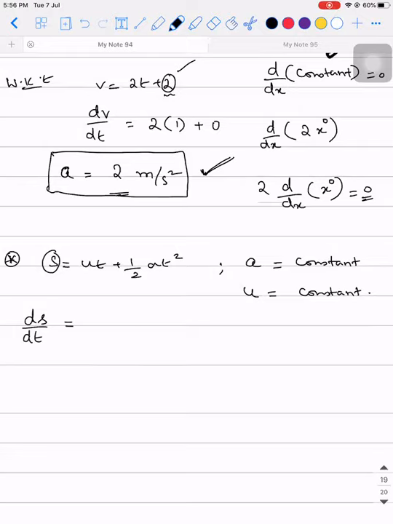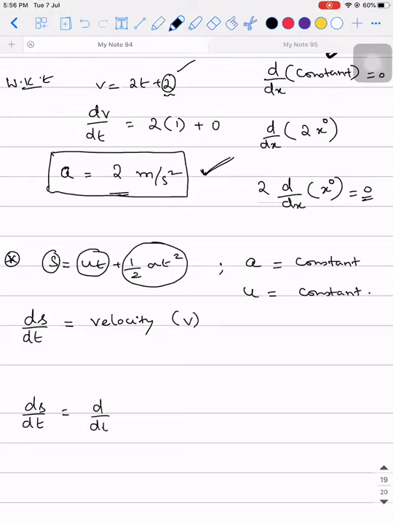I asked a very basic question. It is nothing but velocity. So I should get V. Now look at the way I'm going to differentiate. ds by dt is equal to d by dt of ut plus d by dt of half at square.